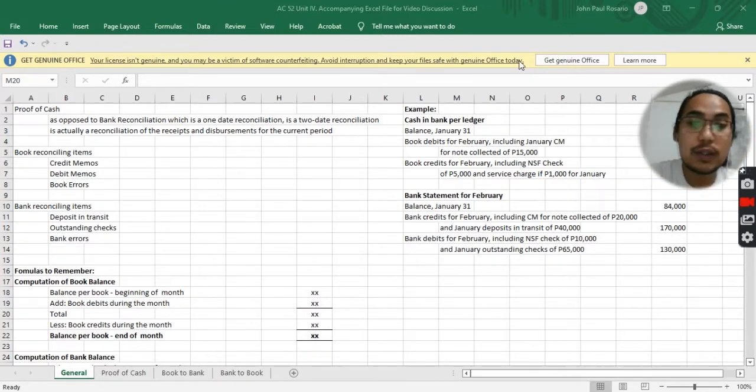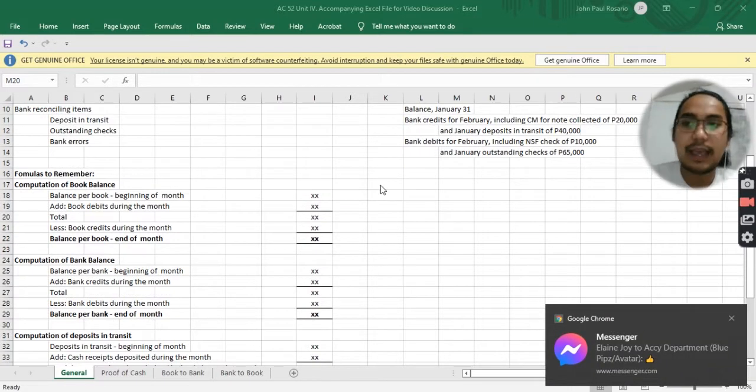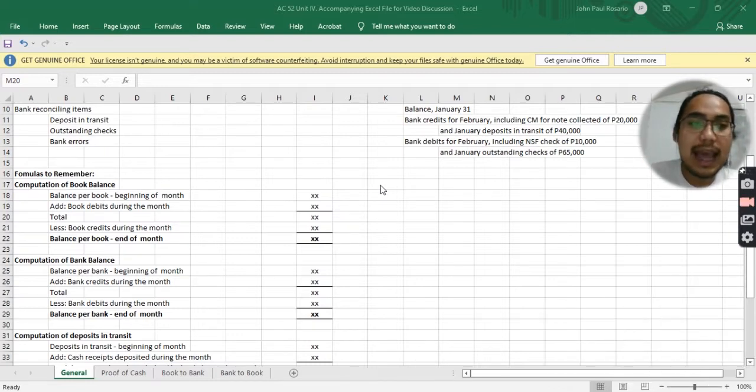We have here our formulas to remember. For the book balance, we have the balance per book at the beginning of the month. You simply add the book debits during the month, the entire book debits in your book. And then, you deduct your credits.